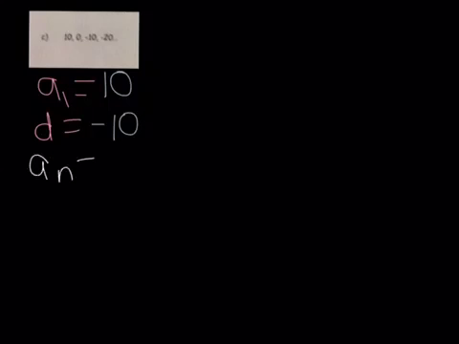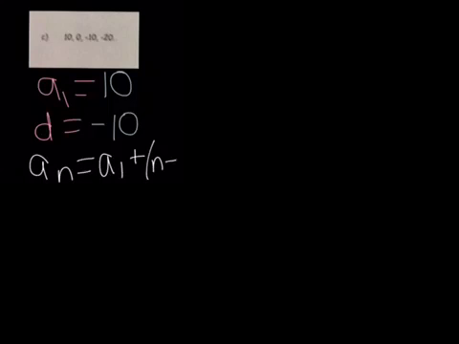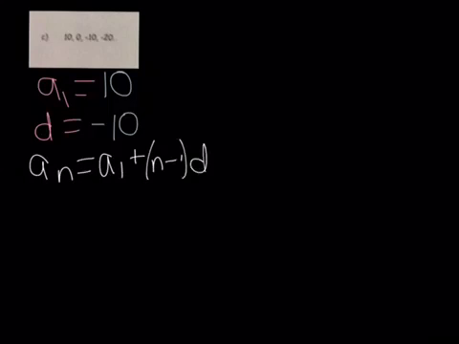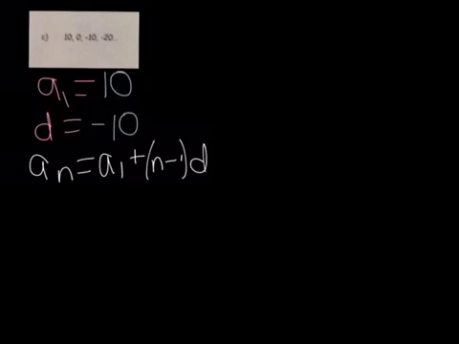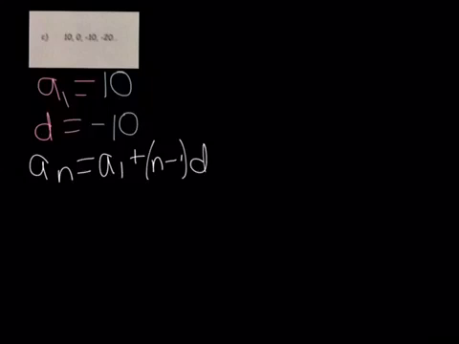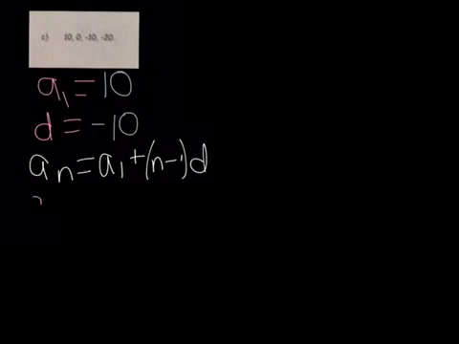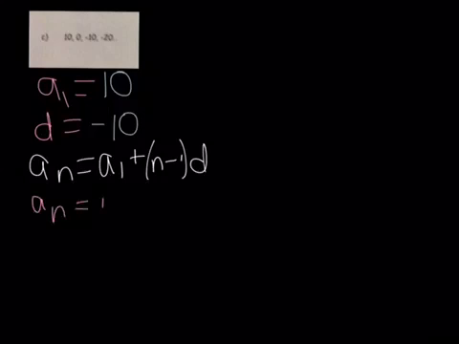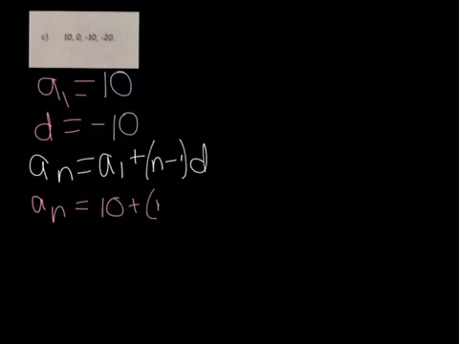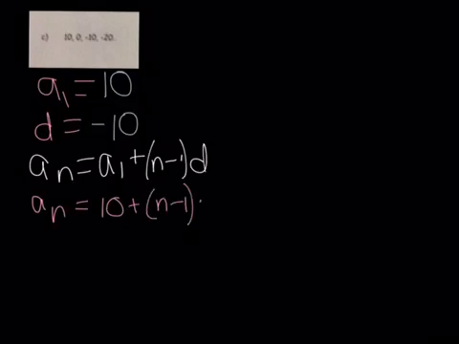Now, see if you can fill in the information into the formula. Again, if you need more time, pause the video. Your formula should say a sub n equals 10 plus n minus 1 times -10.